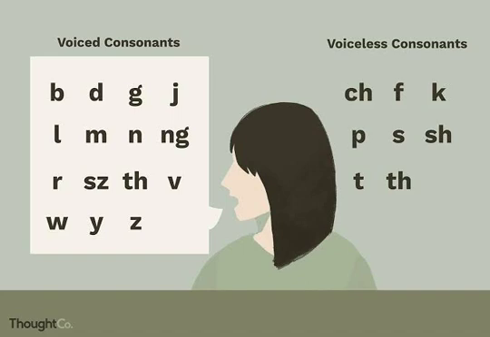Pug is p vowel g, an easy one to start with. Afghan is vowel, f, vowel, n. Terrier is t, vowel, r, vowel, with the final r for rhotic speakers, without the final r for non-rhotic speakers.